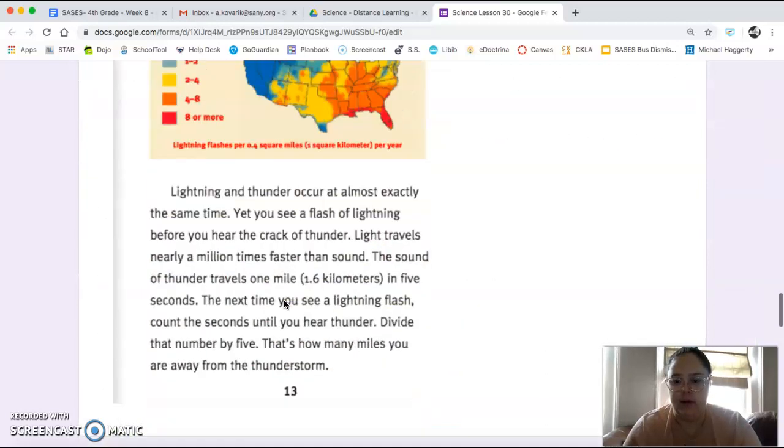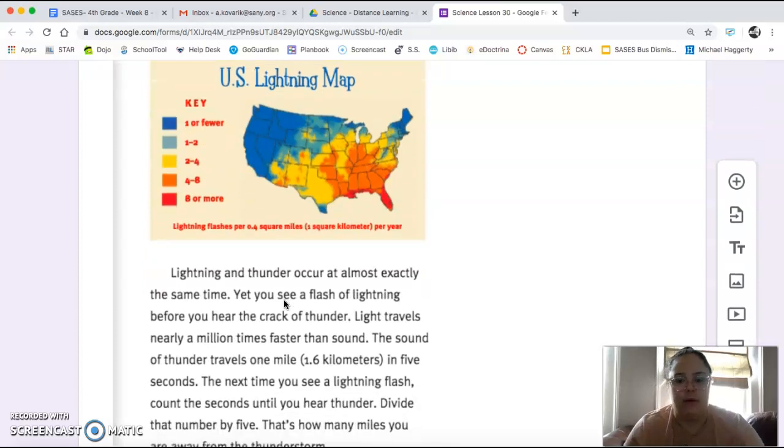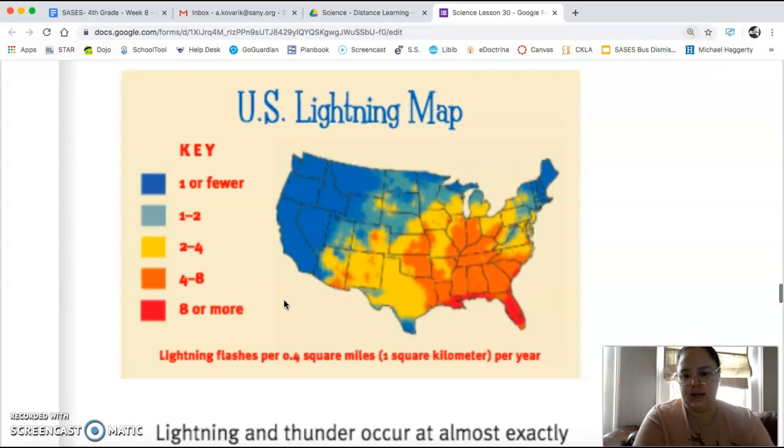All right, last passage, we've got a map. So this map is showing us, let me zoom in. It's showing us how often lightning happens around the United States. So as you can see, the blue, this is 1 or fewer. So they're not getting much lightning at all. So over here on this side and up here, they're not getting much at all. 1 or fewer lightning flashes per year, per square mile.